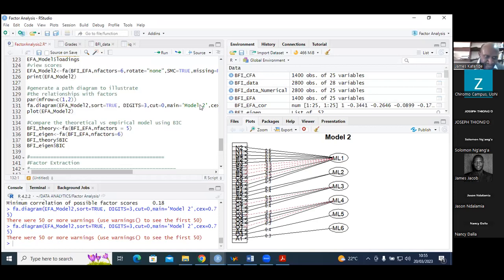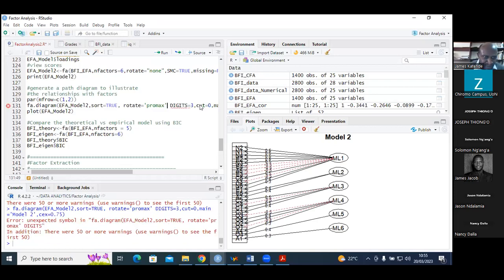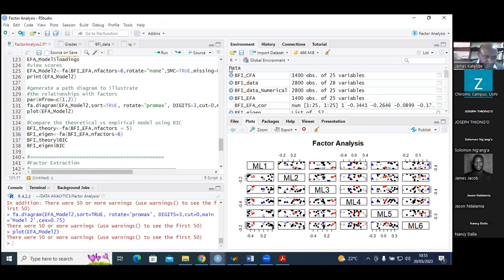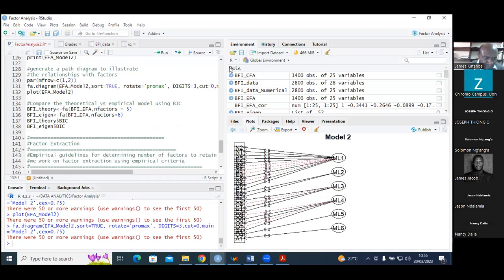I can't fix it now, but yeah, something has gone wrong there. The rotation is not working. Let's try Varimax.